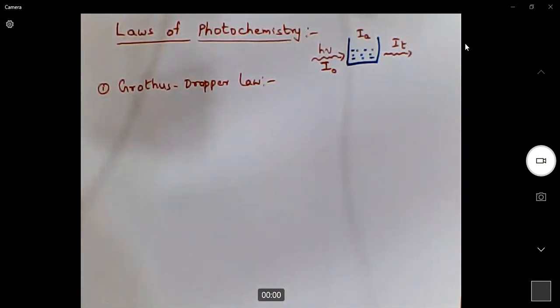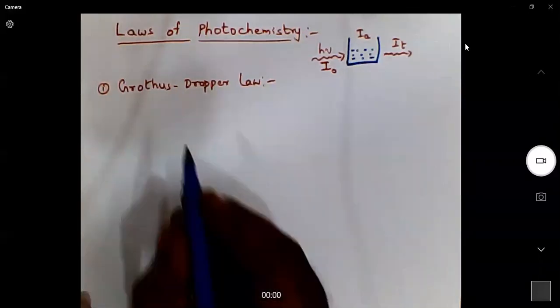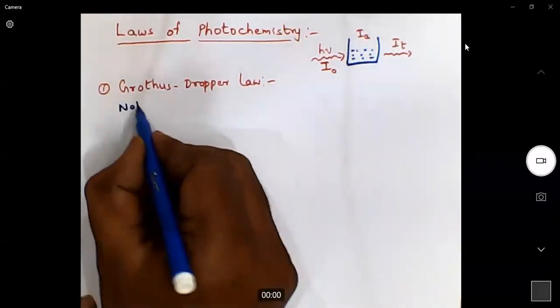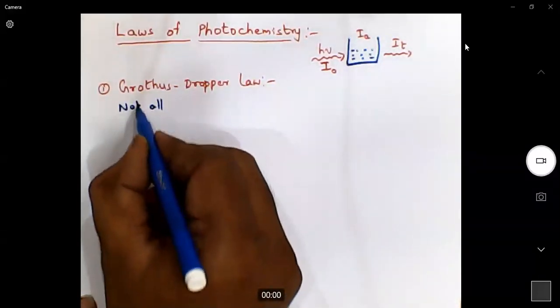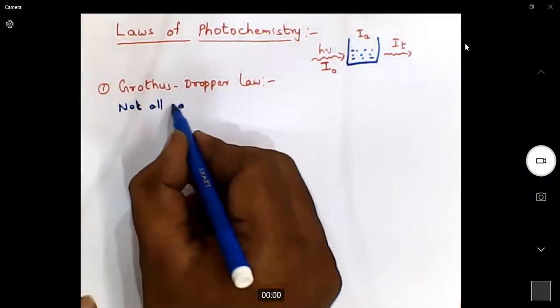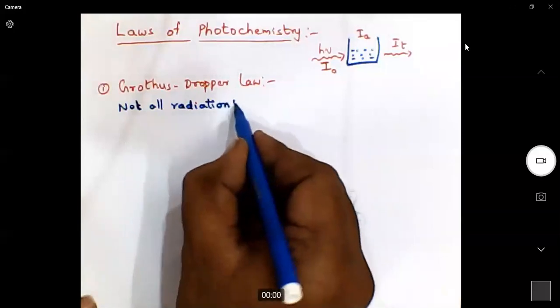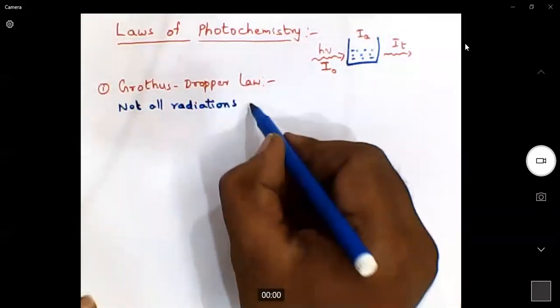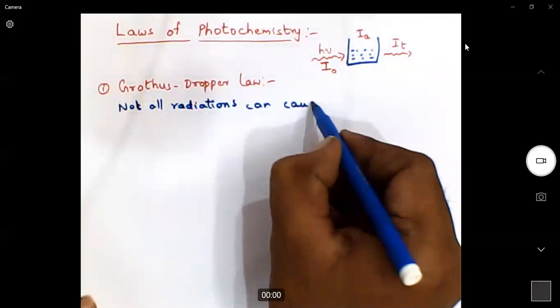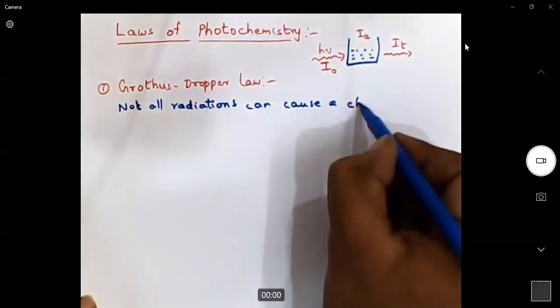According to the Grotthuss-Draper law, not all radiations can cause a chemical change.